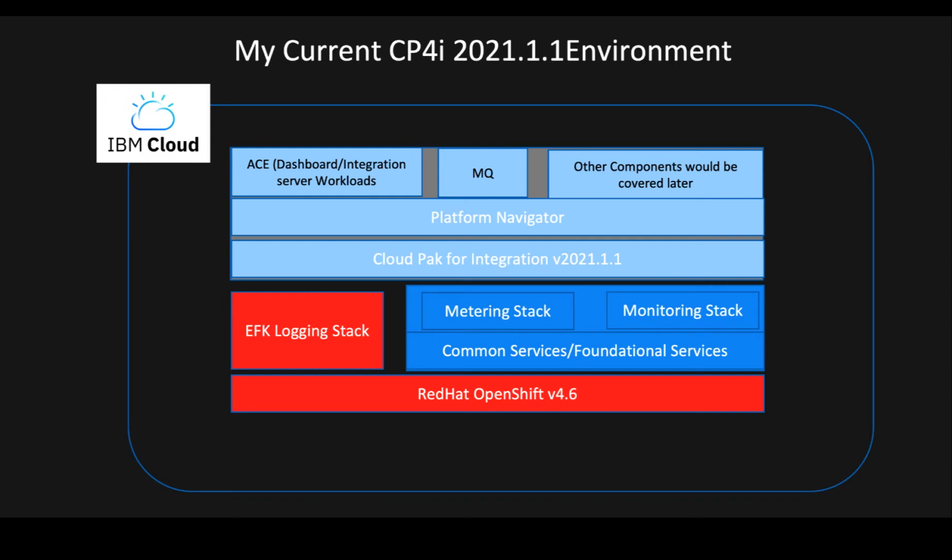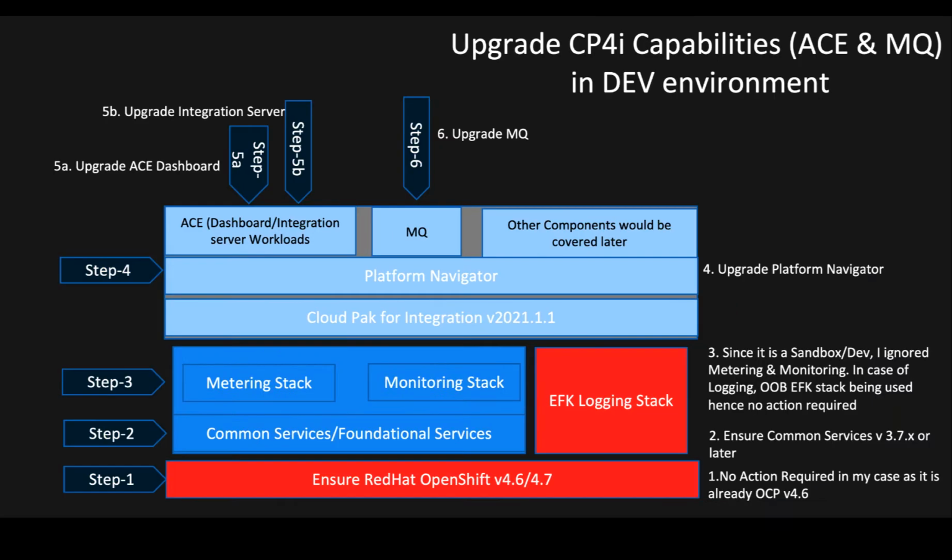So with this, how do we proceed? Before we get into the technical part of it, I just wanted to talk about the process that I have identified. Again, this is only for reference. As per the requirement, you need to ensure Red Hat OpenShift version 4.6 or 4.7. That's step one.